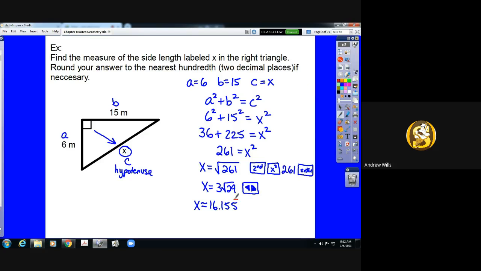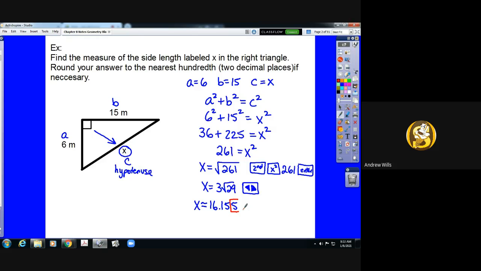We only care about the first 3 digits on the calculator. And the reason for that is the 3rd digit tells us how to round the 2nd digit. So with that being a 5, show me on your cameras with a thumb up or a thumb down, which way are we going to round the 2nd digit, up or down? Good. Got a couple people on their camera showing me. That's good.